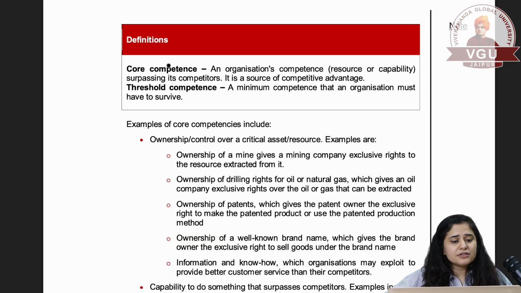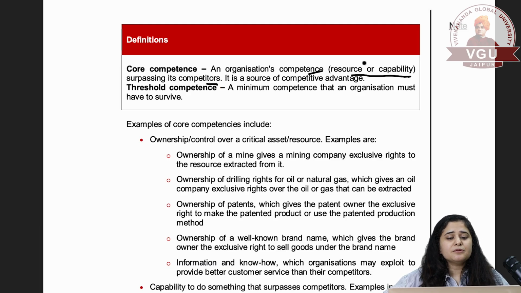If we go through the definitions, there are core competences and threshold competences. Whenever we talk about competence, we are talking about the capabilities and resources available in our company. Core competences are when we are surpassing the competitors in terms of resources and capabilities. Threshold competences are the minimum competence that an organization must have to survive.